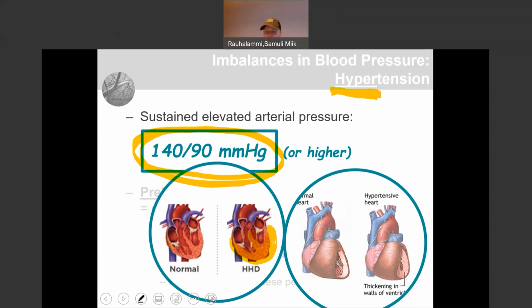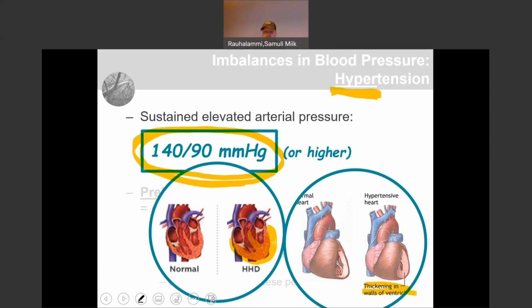So we end up with this thickening of the ventricles especially. Of course, there's also a buildup of plaque. So even though the heart muscle wall is thicker, it is weaker and flabby, so it's not functioning that well.